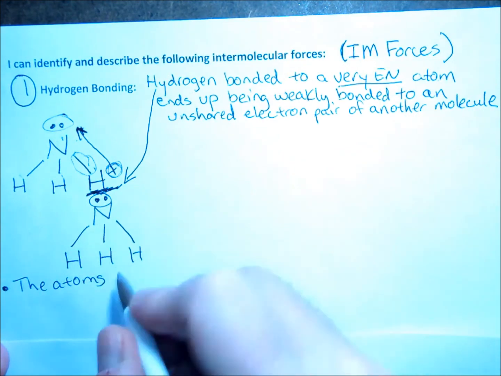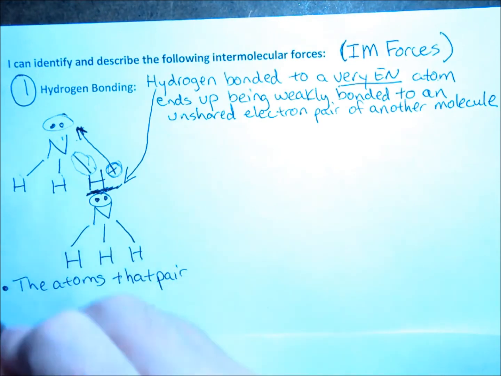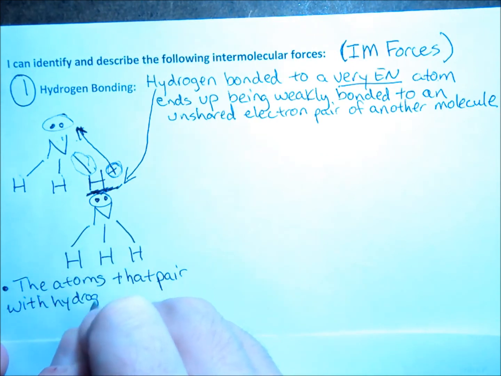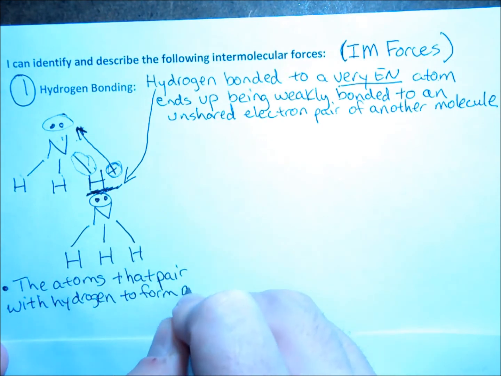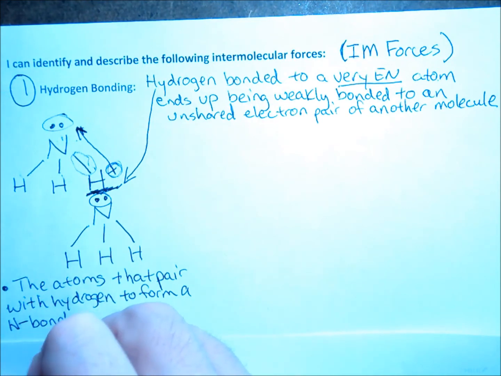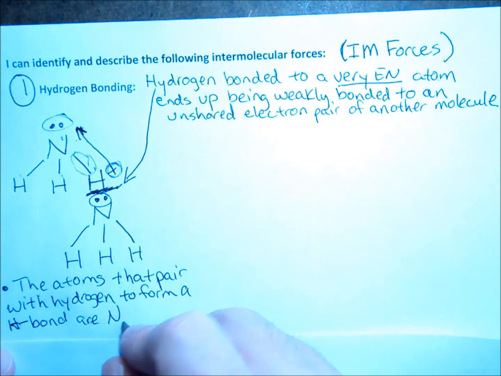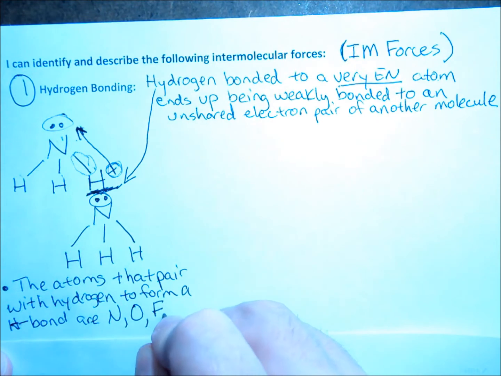The atoms that pair with hydrogen to form a hydrogen bond, H bond: nitrogen, as we just saw, also oxygen, which I told you because water does this, and also fluorine, the most electronegative of all atoms.